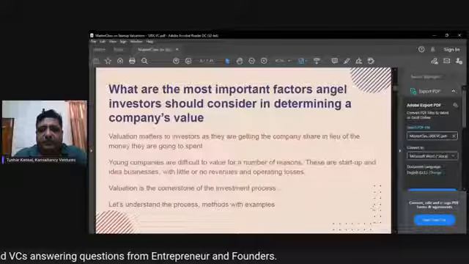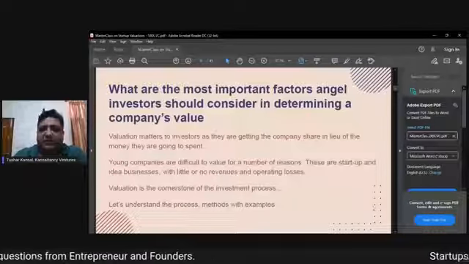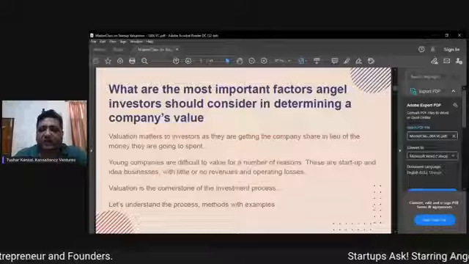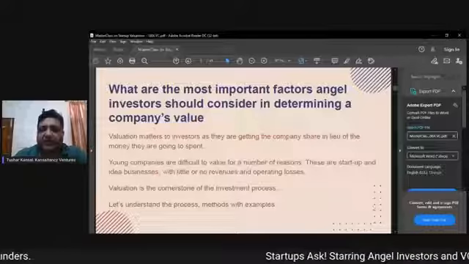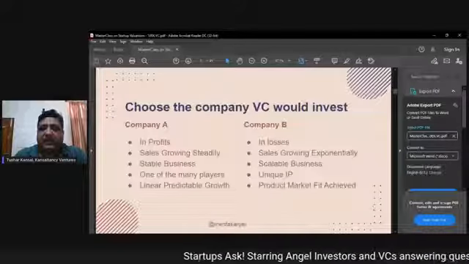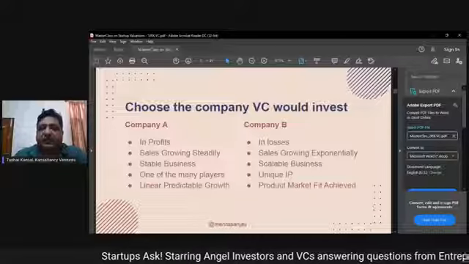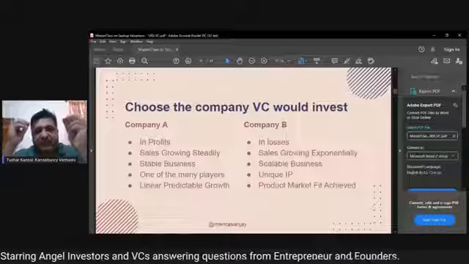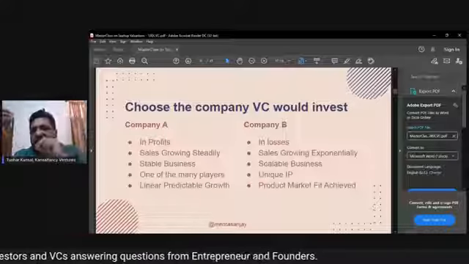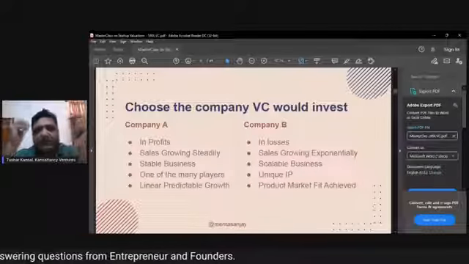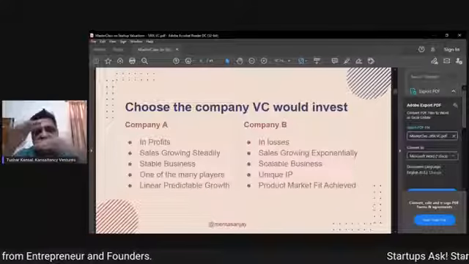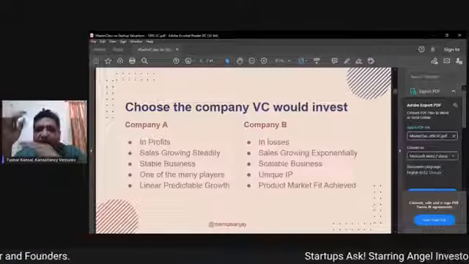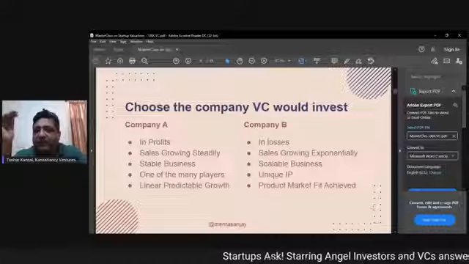Now, the important factors angel investors should consider while investing: we have to understand that there are two companies, one of them making profits, the other one making losses. The one with the profits is not growing very fast. The one with the losses is growing very fast.